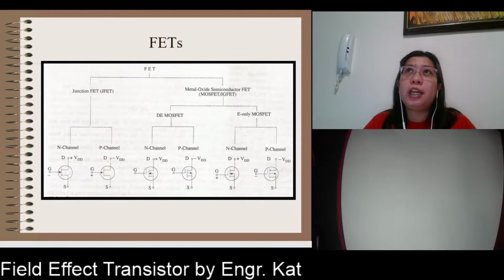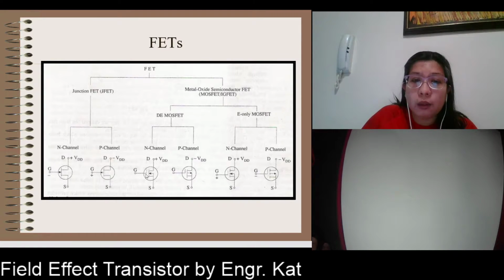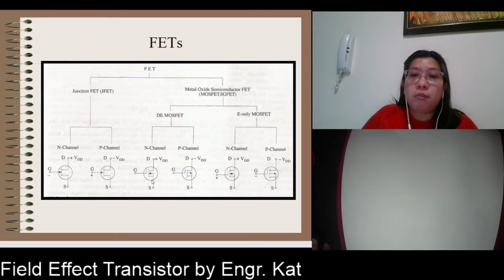The FET has three terminals: the drain, the source, and the gate. Looking at the symbol, the gate is separated from the drain and the source. That also comes with the name insulated gate, because the gate is not totally connected with the drain and the source.